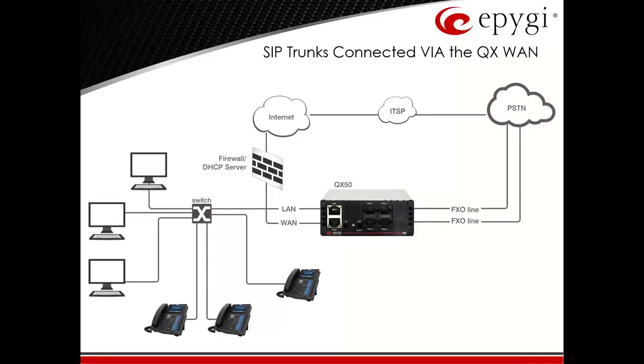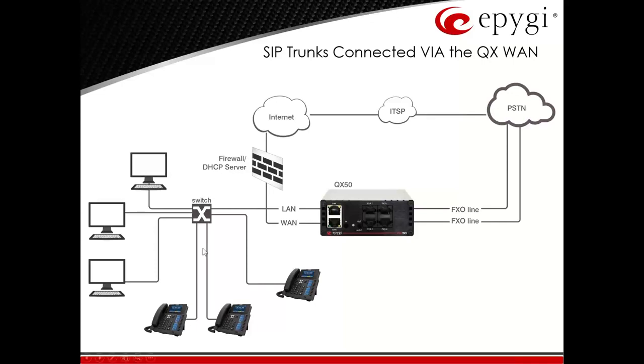You might have 1 or 2 or 10 or 20 DIDs, but you're going to get some with them. And when you sign up for their service, they're going to need to know where to find your location, where your QX is located.